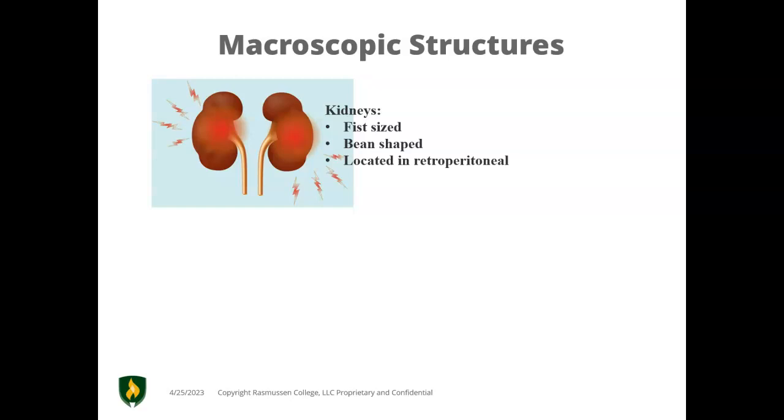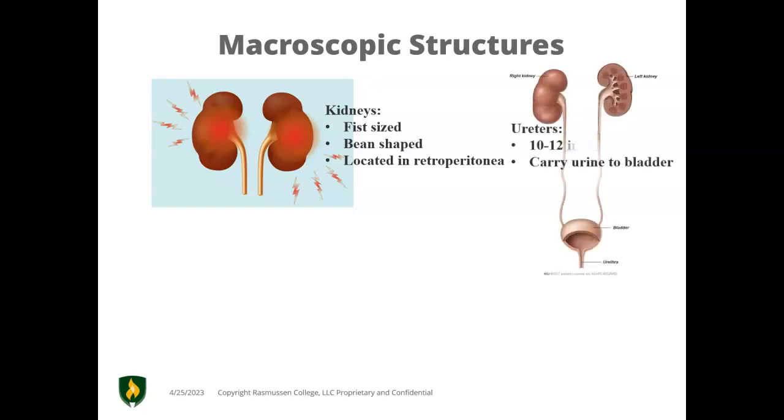The second macroscopic structure is the ureter or ureters. Each one of these is about 10 to 12 inches in length. However, they are really only about maybe a little bit larger than a pencil width wide. So they're very small in size, but quite long in structure.